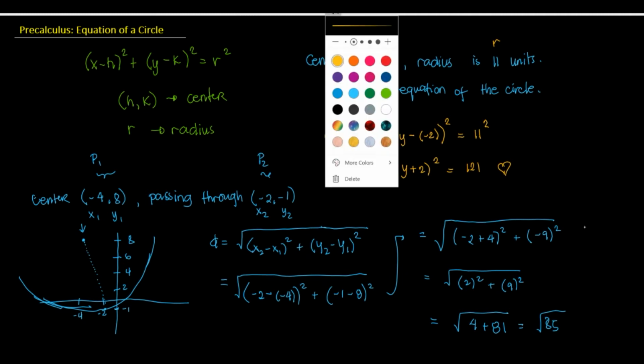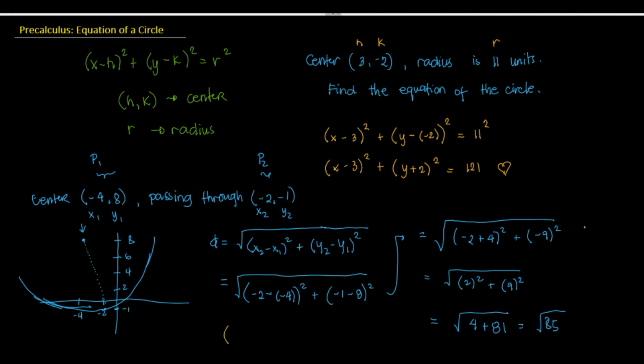So here, the center, which is (-4, 8), we have (x - (-4))^2 + (y - 8)^2 = (sqrt(85))^2, because remember that in the standard form, the radius is being raised to the power of 2.